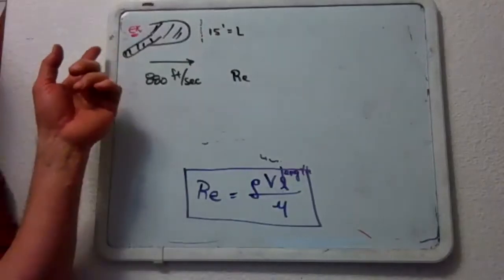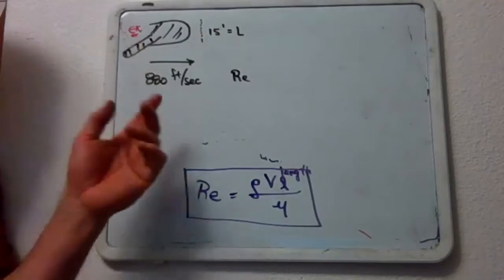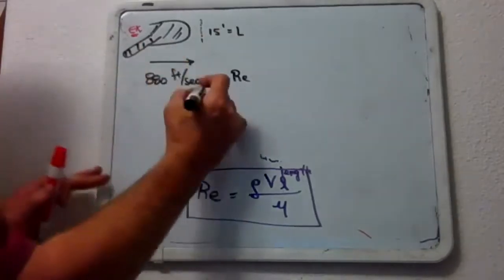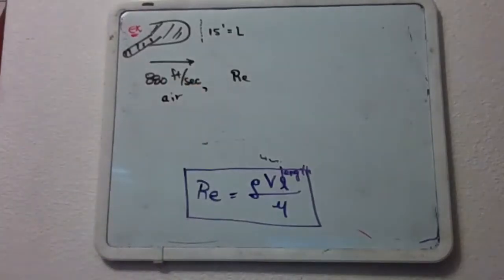Sorry about the very crude drawing, that's supposed to represent an airplane. It's going through the standard air that we can get from the tables at 88 feet per second. What is the Reynolds number in that case?